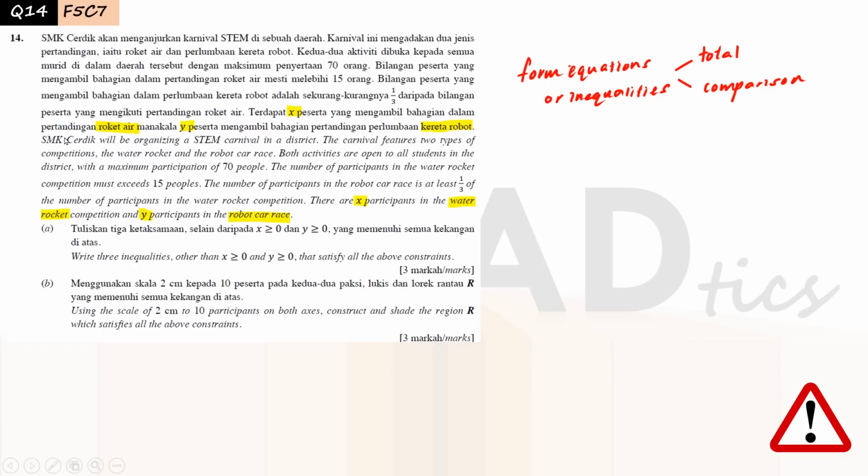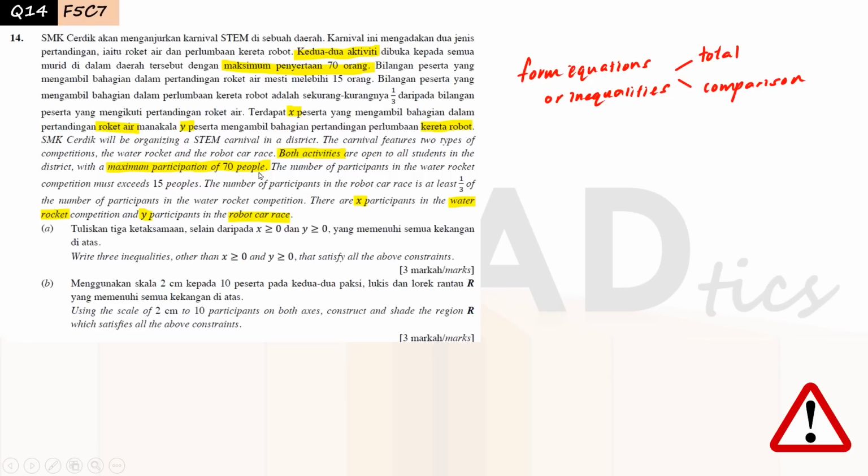Alright, so if we look at the first sentence, this one is just saying that they are having this carnival, so there's not much information. The second sentence is also not saying much, it's just saying the types of competitions only. Alright, the third sentence says that both activities have a maximum participation of 70 people.